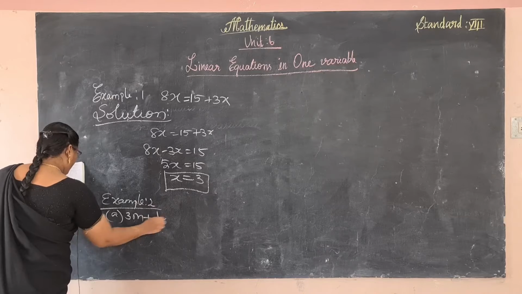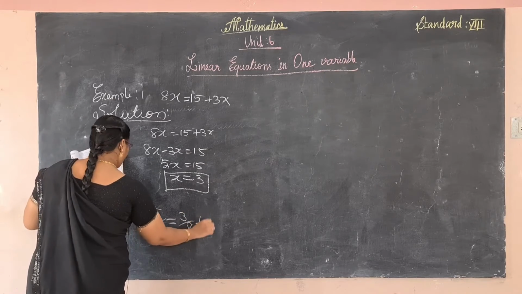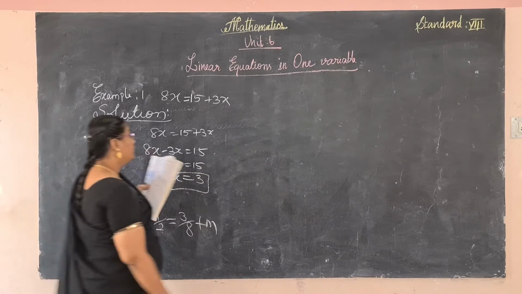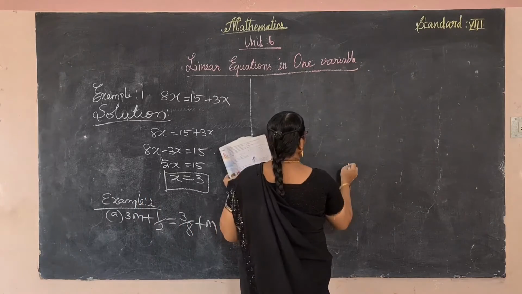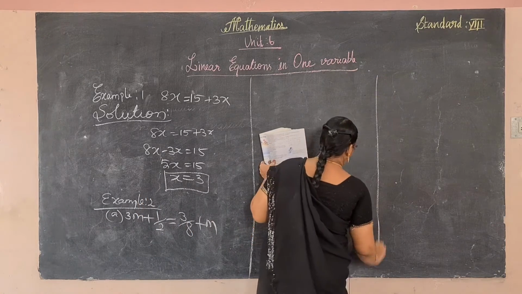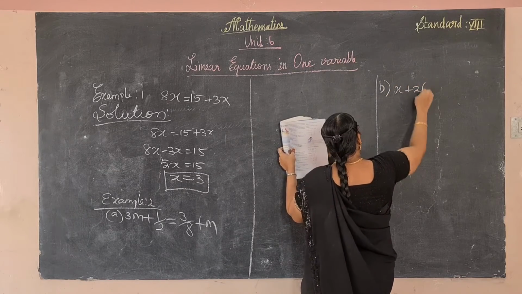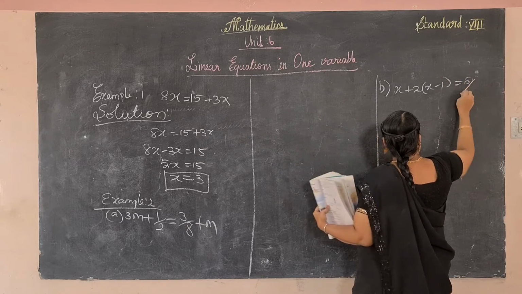Okay, and then example 2. (3m plus 1) by 2 is equal to (3 by 8) plus m. Okay, now another one. (b) x plus 2 by x minus 1 is equal to 5 by 2.